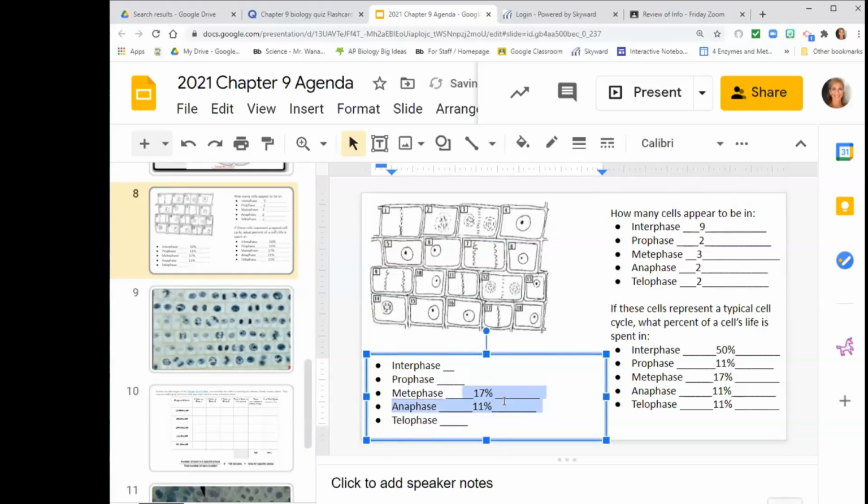How could I calculate the amount of minutes it spends in each phase? Anybody have an idea? Spends 120 minutes to go through the complete cycle. How could I calculate how much time is spent in interphase? Any ideas?